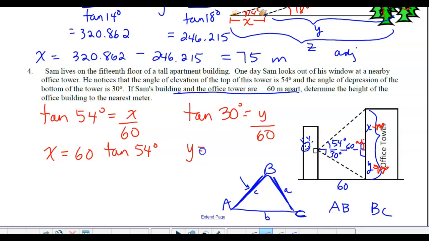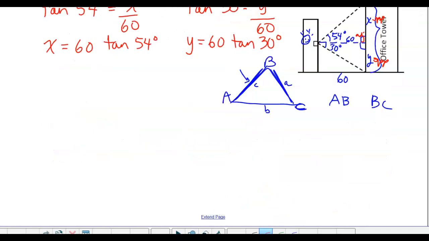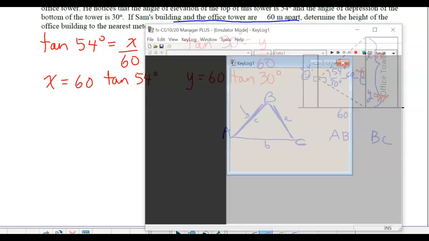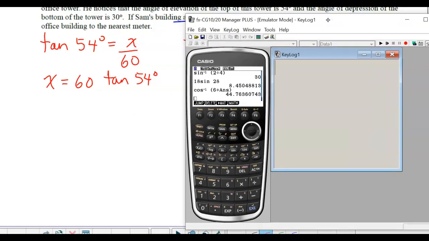Okay, get out your calculator. Again, keep a few decimal places and then add them together. I'll do this one in the Casio. So 60 tan 54, and then 60 tan 30.